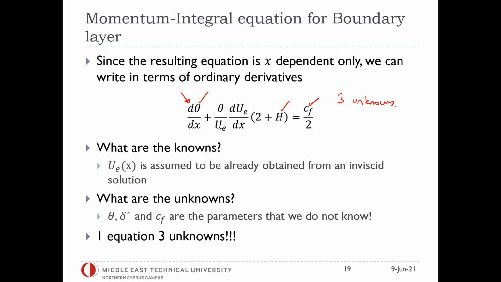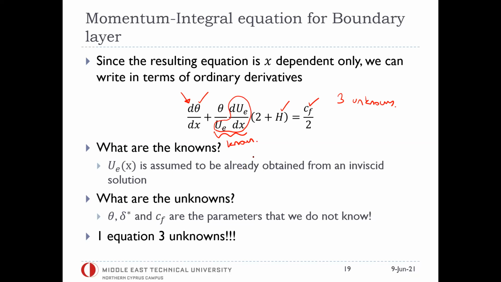The UH value at a certain x location and the UH gradient are known. So theta is an unknown, but this part is known. What do I mean by known? I can even obtain this from an inviscid solution.